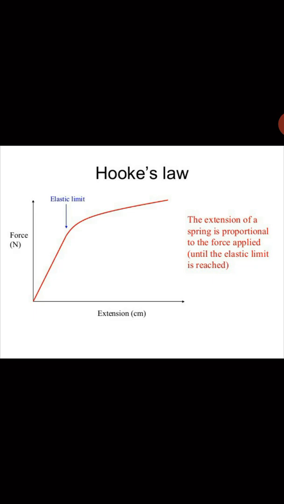But at the point marked with the arrow elastic limit, where the spring reaches its elastic limit, the graph line will not be a straight line. It will start bending, or it will start decreasing. So the elastic limit graph is like this, as shown in the image.